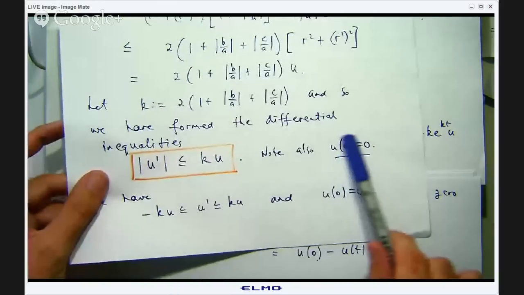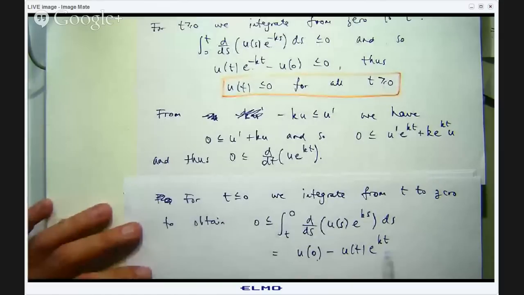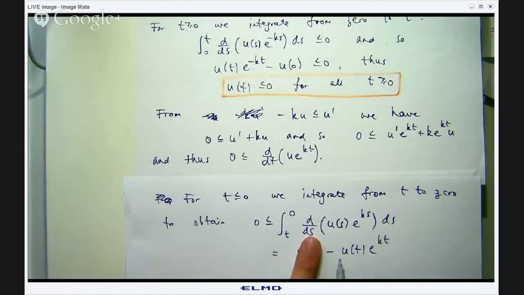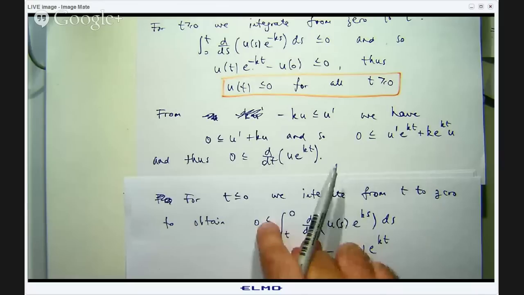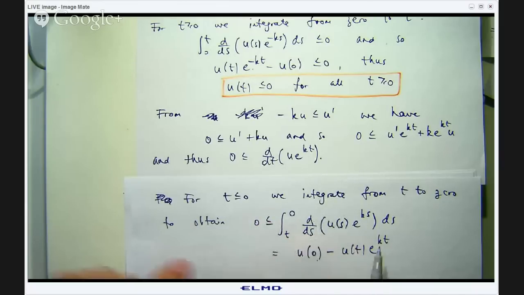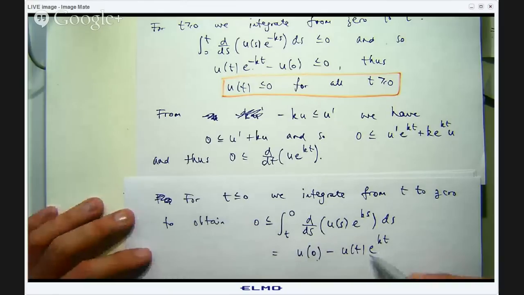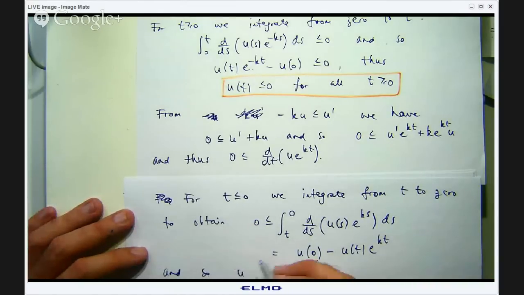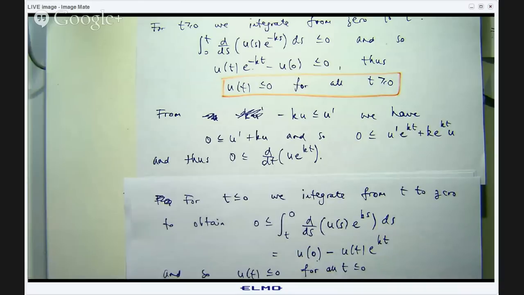Okay, u of 0 is 0. So that'll disappear, and then I've got this times this negated, or negative, is greater than or equal to 0. What does it mean? It means that u, and remember this is positive, and so u of t is less than or equal to 0 for all t less than or equal to 0.